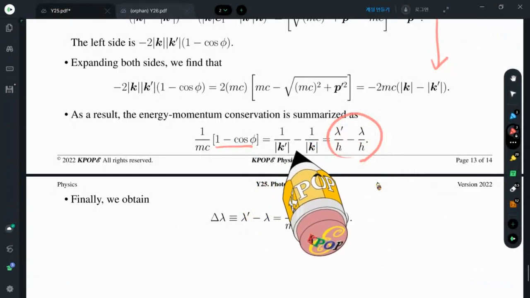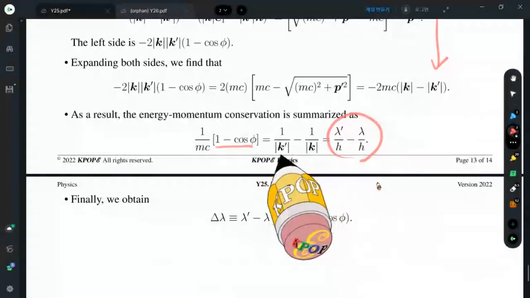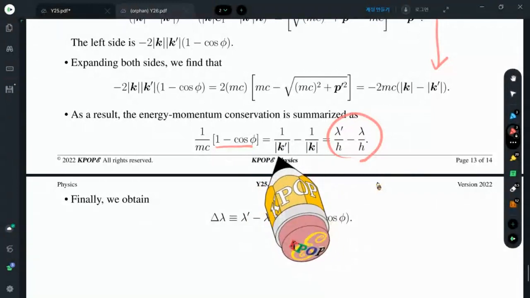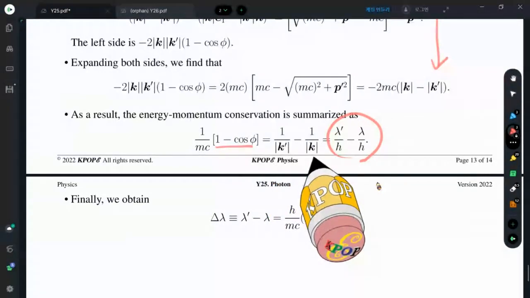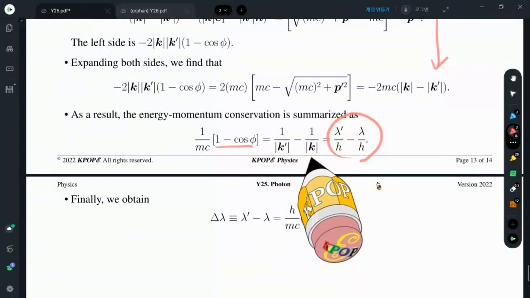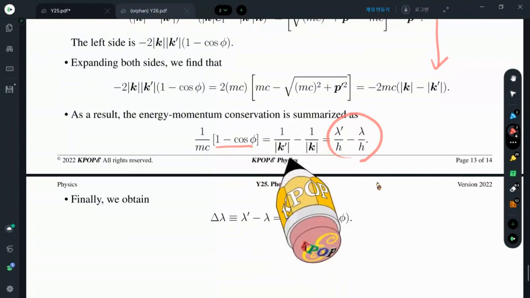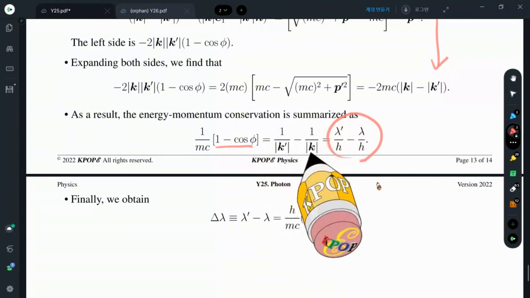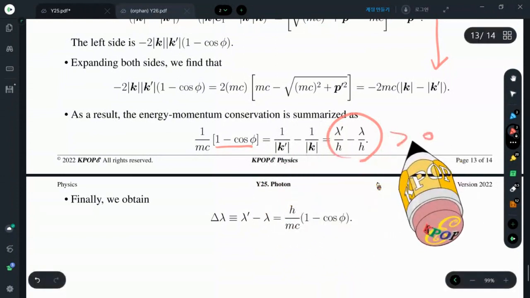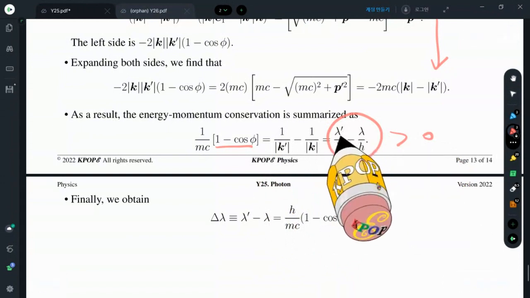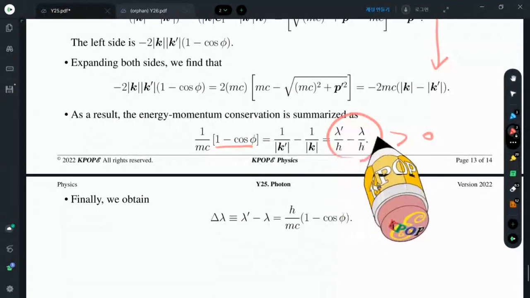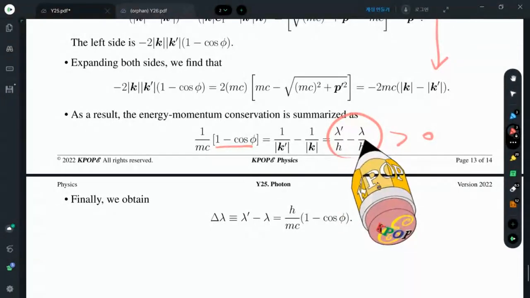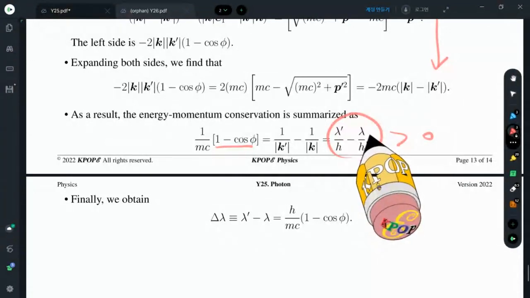You know, the magnitude of the scattered photon's momentum is always smaller than the incident photon's momentum. So 1 over the smaller value subtracted by 1 over the larger value must be positive definite. So the wavelength of the scattered photon is always longer than that of the incident photon, not electron, but photon.